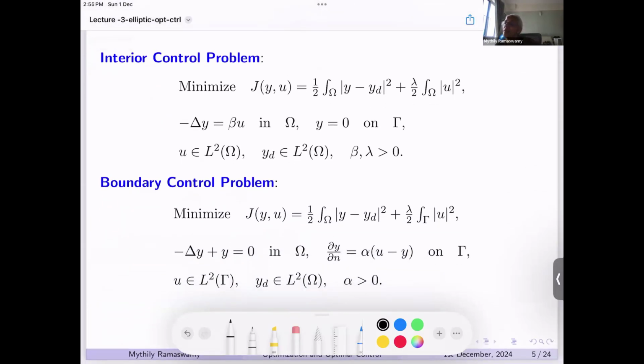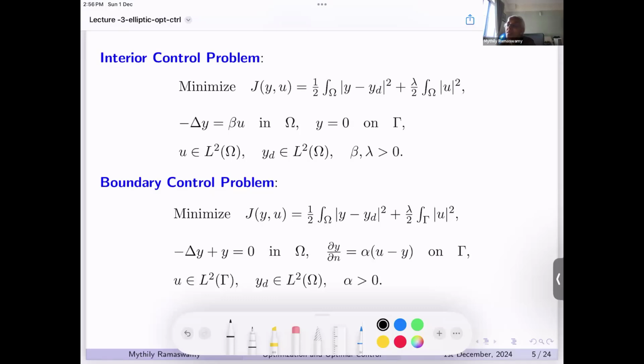So the J, the cost functional, is half. I have put a half just to make it easy to cancel when I differentiate. Remember, we will always be differentiating to find the optimal point. So half y minus yd square integrated over omega with respect to x, and lambda by 2 integral over omega of mod u square. So the control is applied everywhere or in a small subset in omega.